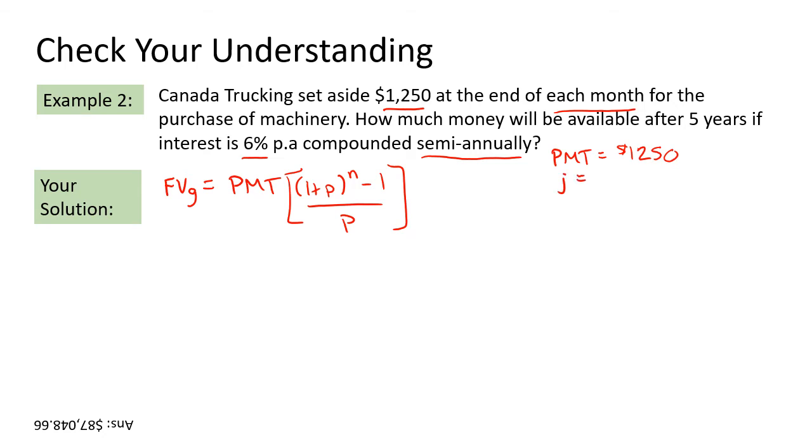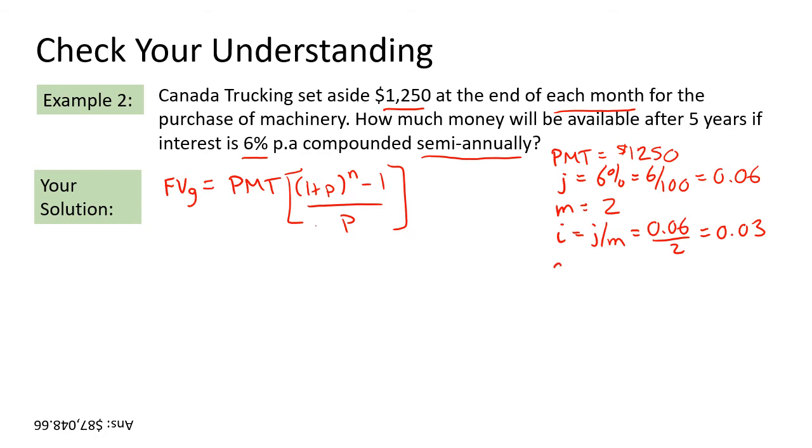Your nominal interest rate, J, is 6%, which is 6 divided by 100, removing the percentage sign, which is 0.06. Your number of compounding periods, M, in this case is 2, because it's semi-annually. So your periodic interest rate, I, which is J divided by M, is 0.06 divided by 2, or 0.03. Now again, remember the 2 extra steps.